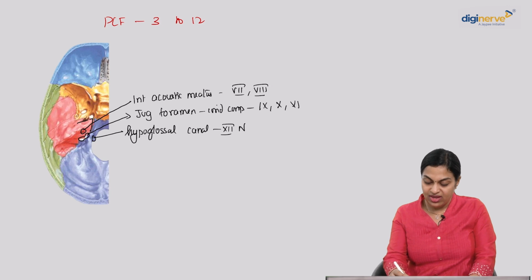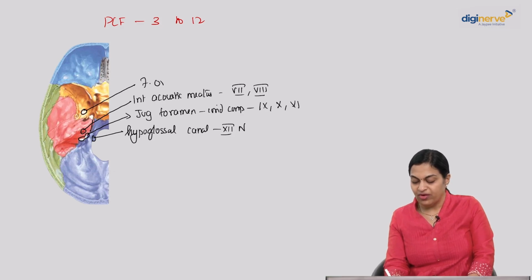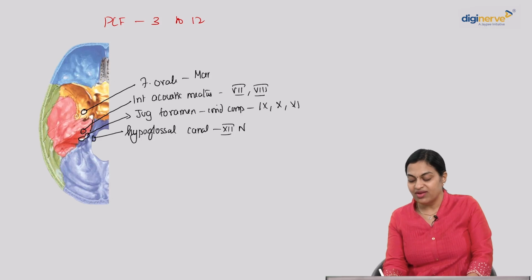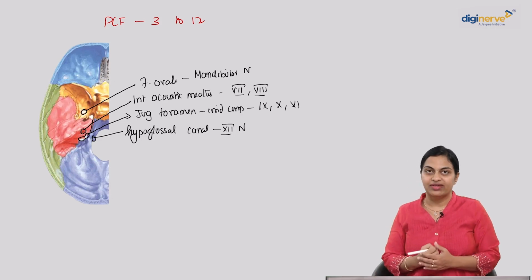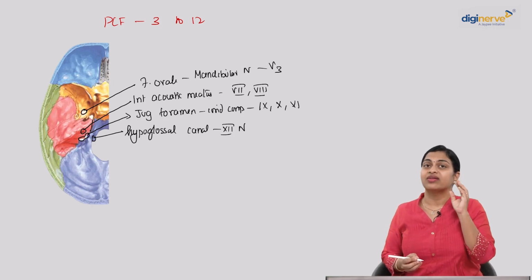And then here, this one, the foramen ovale. The foramen ovale that we see in the middle cranial fossa transmits the mandibular division of the trigeminal nerve. The trigeminal nerve, as the name suggests, tri.